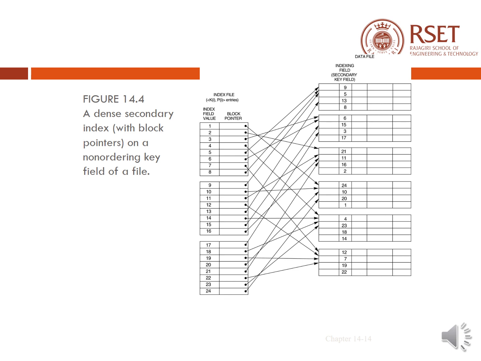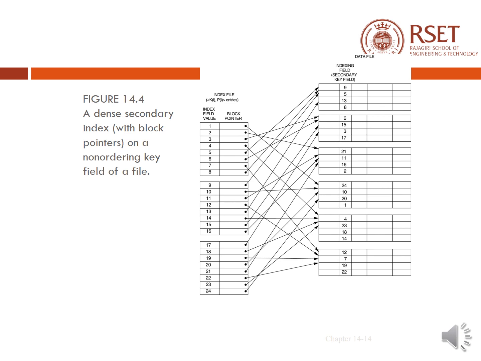Here you can see this is not the primary key value, this is a secondary one. So it is not an ordered one, but it is a key value. Key value means it is unique. So I am creating an index like this. One is pointing to this particular block. Second one, 2, is pointing to this particular one. In this block itself, the next entry is 10, pointing to this one.